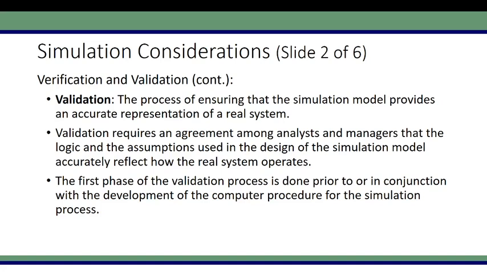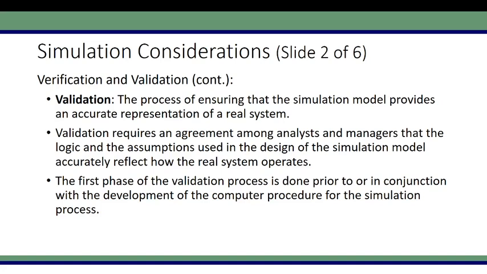Validation continues after the computer program has been developed, with the analyst reviewing the simulation output to see whether the simulation results closely approximate the performance of the real system. If possible, the output of the simulation model is compared to the output of an existing real system to make sure that the simulation output closely approximates the performance of the real system.